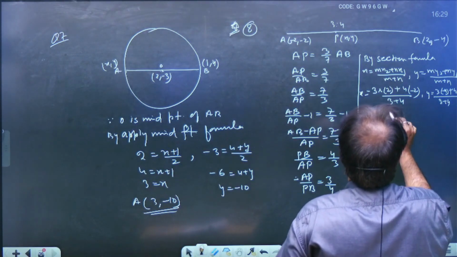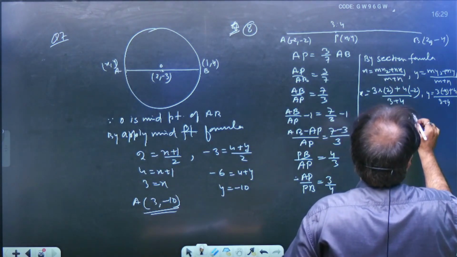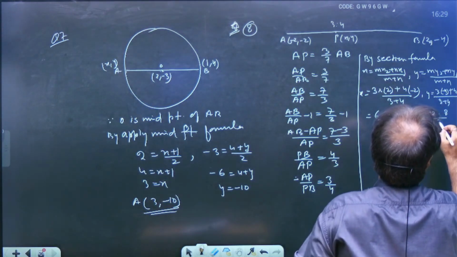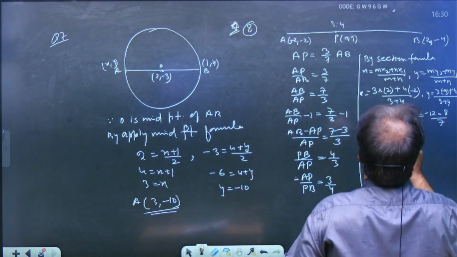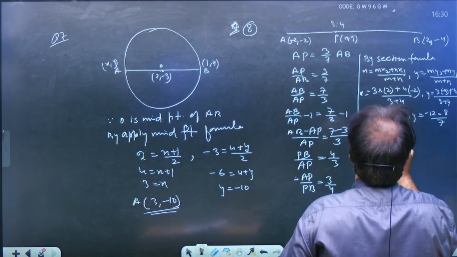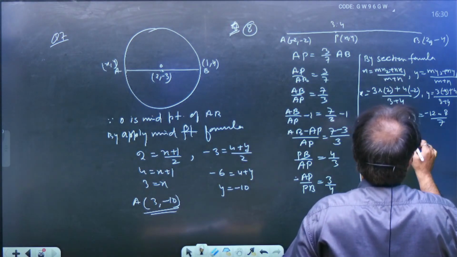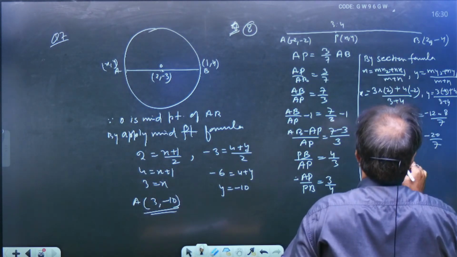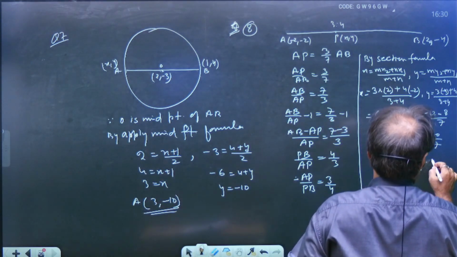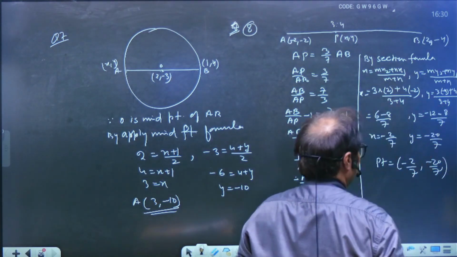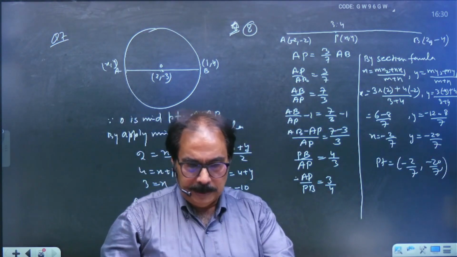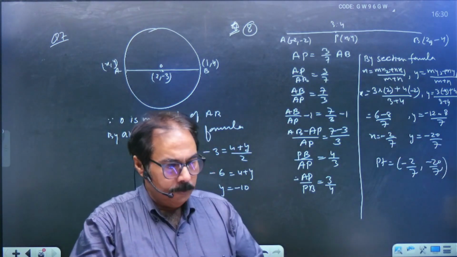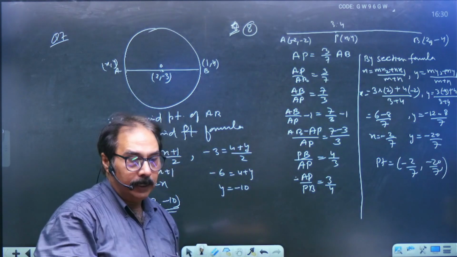So x is (6 minus 8) upon 7, and y is (minus 12 minus 8) upon 7. So x is minus 2 by 7, and y is minus 20 by 7. So the required point is (minus 2 by 7, minus 20 by 7). Okay, I think it should be the answer. Let it be confirmed. Okay, yes, minus 2 by 7 and minus 20 by 7.